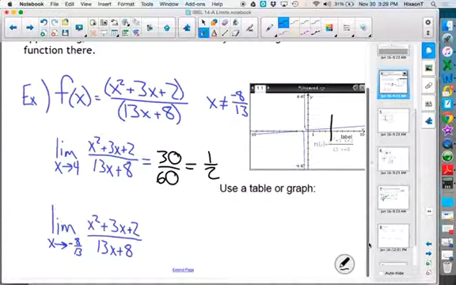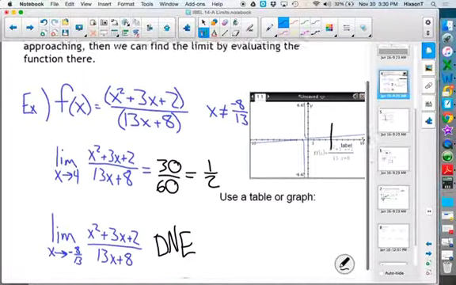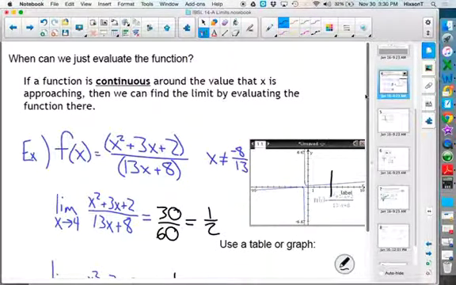And that's when I might graph it, or I might use a table, and I recognize, hey, it's approaching negative infinity from the left, positive infinity from the right, so the limit does not exist. Okay? So that's the basic rule for when you can evaluate. It's got to be continuous around the value of x you're approaching.